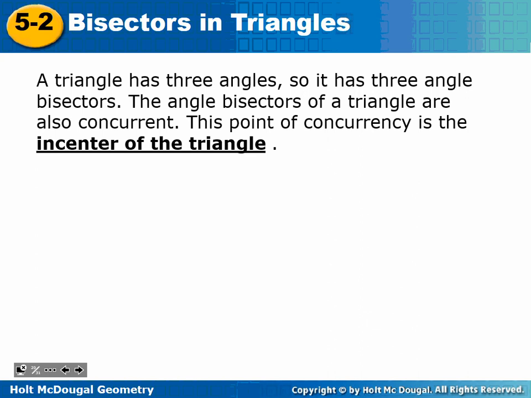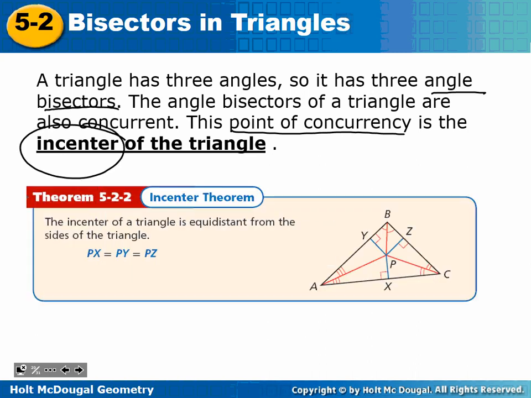So every angle in the triangle, I'm drawing in an angle bisector. And notice once again, if I did it correctly, that those three lines are concurrent. And that makes this point a point of concurrency. And more specifically today, that point of concurrency of the angle bisectors is called the in-center.